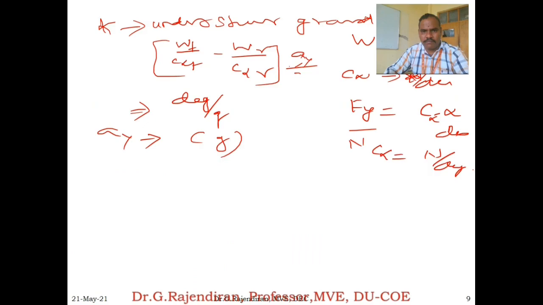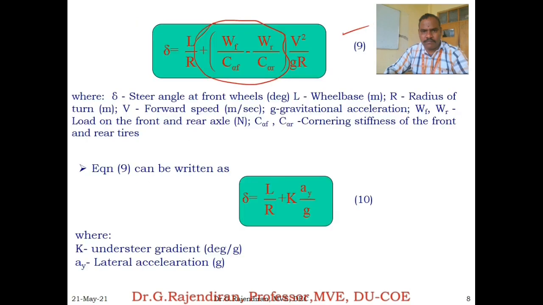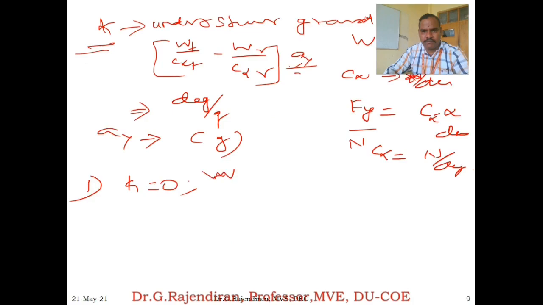Now, this understeer gradient. Now I have to tell you 3 cases. Case 1. When K is equal to 0. So, first we have to see this equation. When K is equal to 0, WF divided by C alpha F is equal to WR divided by C alpha R. Clear?